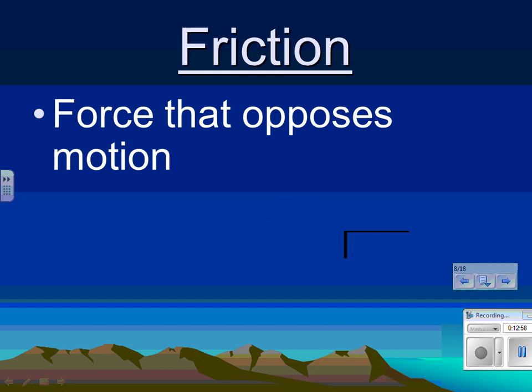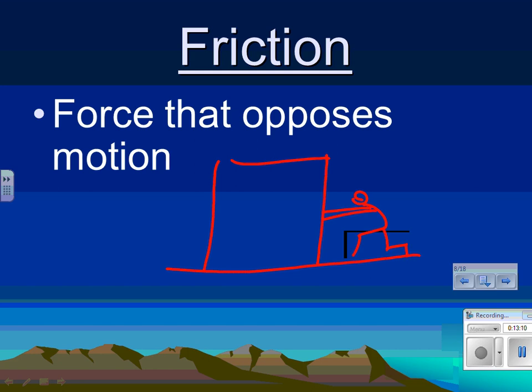Here's the general idea. You've all experienced it before. Here's a big object, and I walk up and push on it, and it doesn't move. Why doesn't it move? Not because of inertia, because of friction.